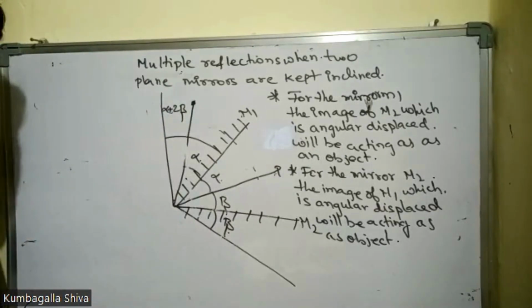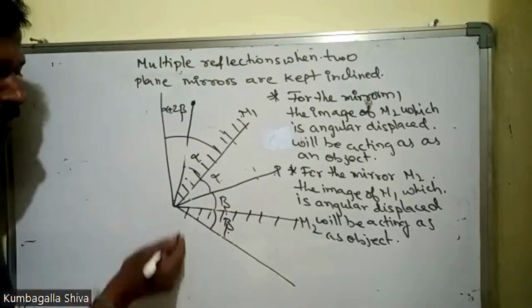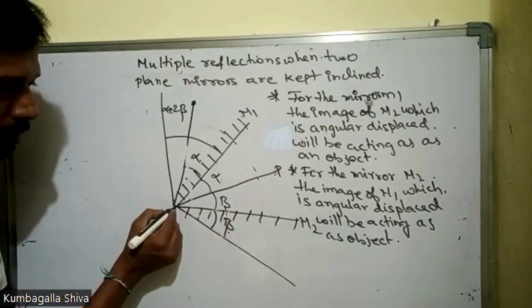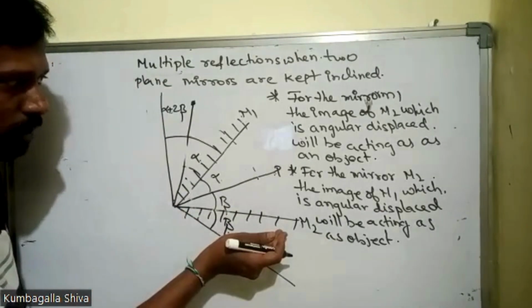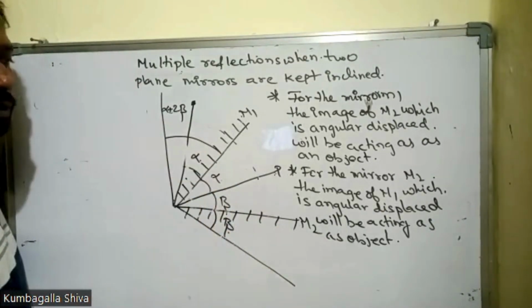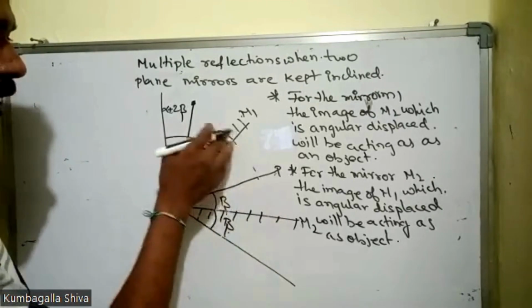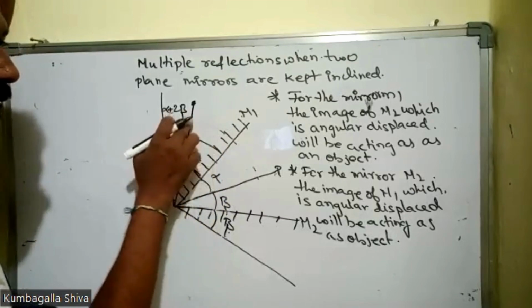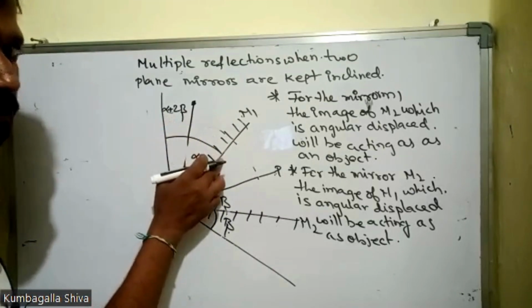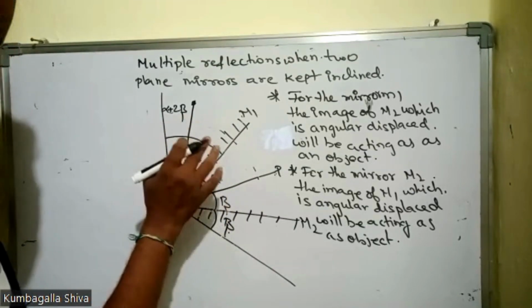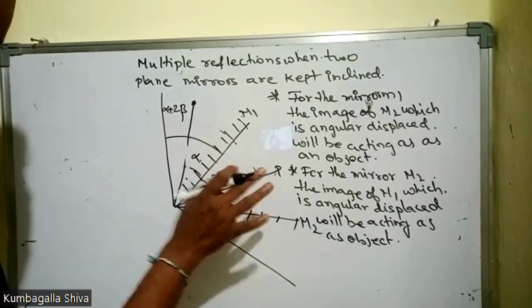Are we clear? Okay, next, now coming to the M2 side, the image of M1, which is angularly displaced, will be acting as an object.